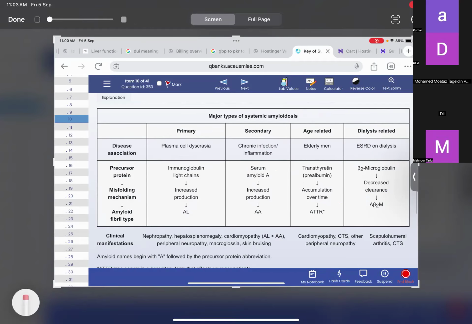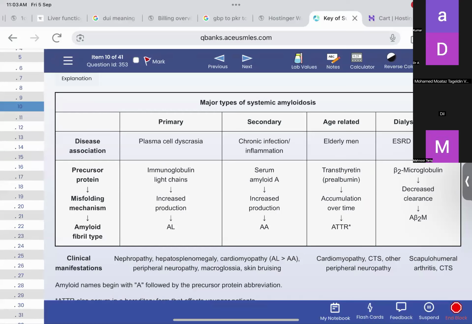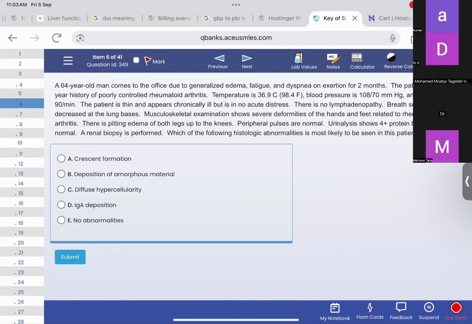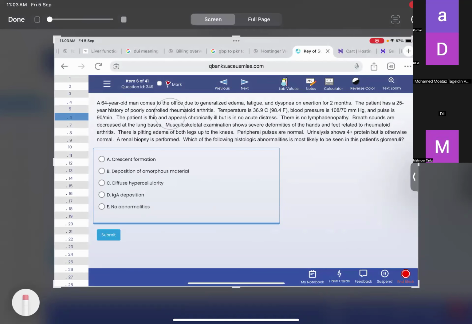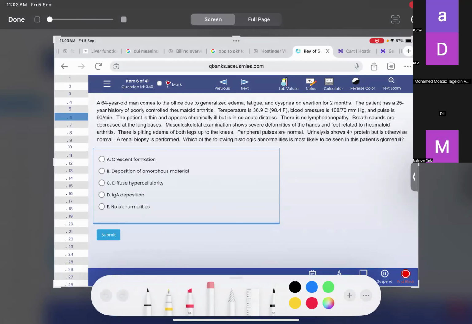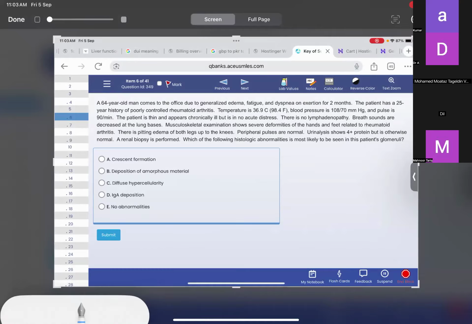Okay, so let's come back to our question. Which one was this? Five or six? Yes, six. So what do we have? Rheumatoid arthritis, chronic inflammation leading towards nephrotic syndrome.